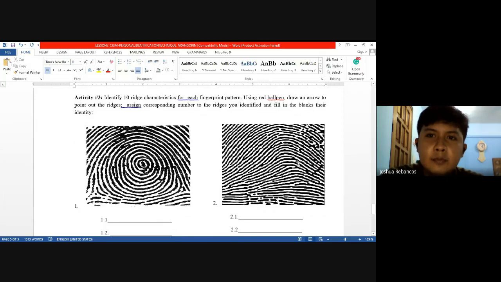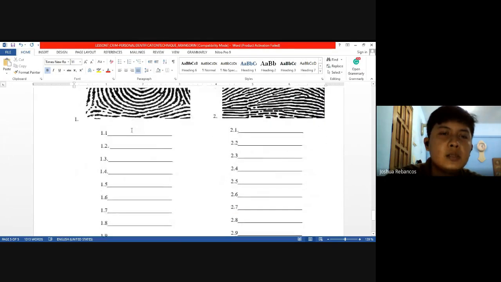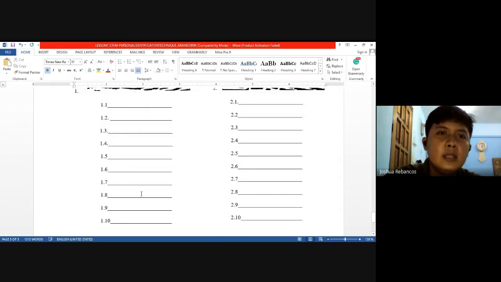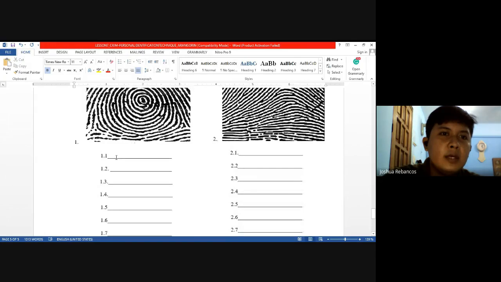O, saan yung bifurcation yan? O, ito, island. O, eyelet to, enclosure, or island. O, yan. Mag-arrow lang kayo then isulat nyo kung ano yung mga characteristics, yung pangalan dito. Then, following, yung example, bifurcation. Okay, draw an arrow, red ball pen. Then i-draw nyo kung saan yung bifurcation. Okay, 1, bifurcation.